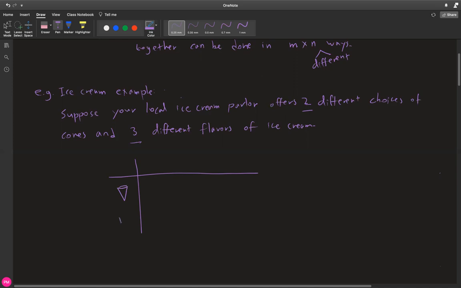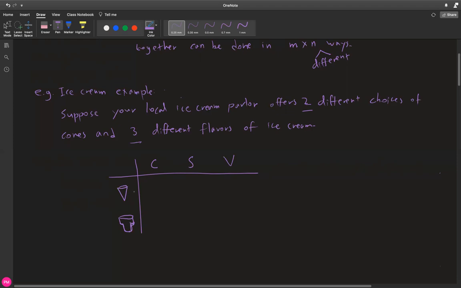And let's say there is a cone that's a little more like a McDonald's ice cream cone. Let's say there are two different cones. And for the flavors, let's say there is a chocolate, strawberry, and vanilla.